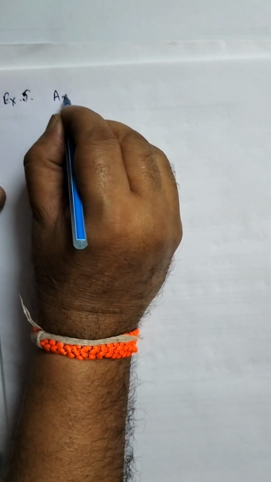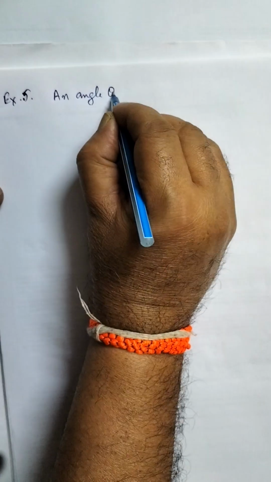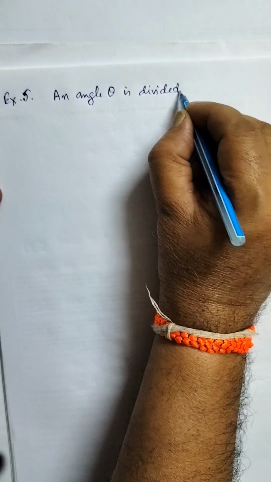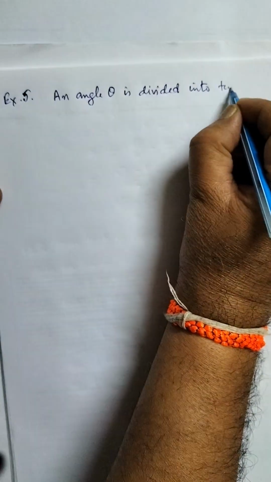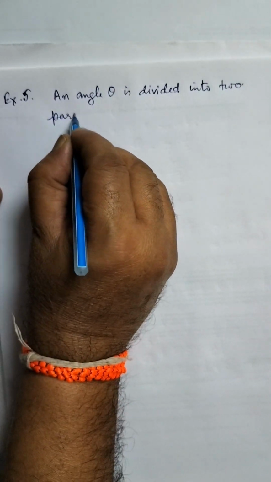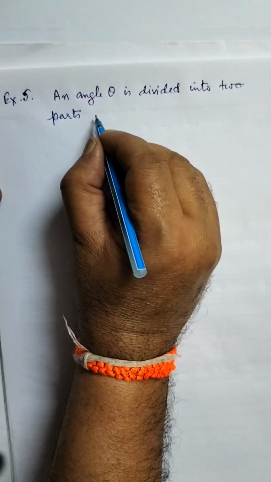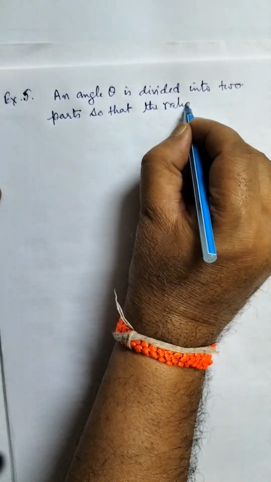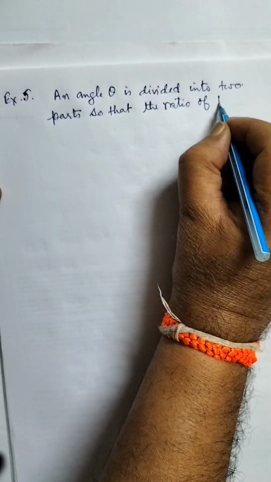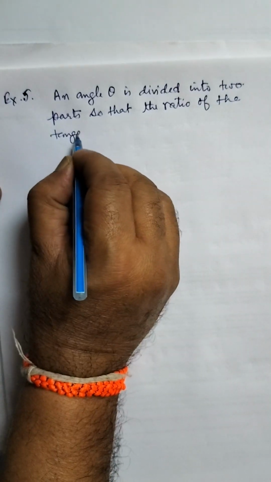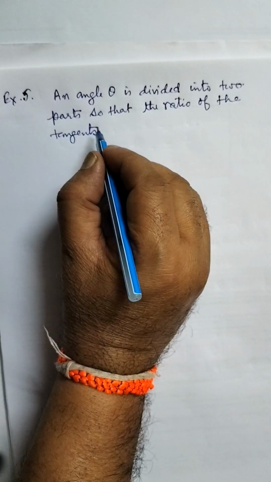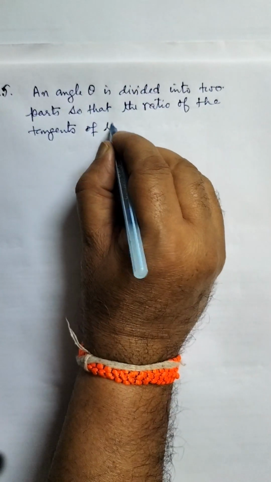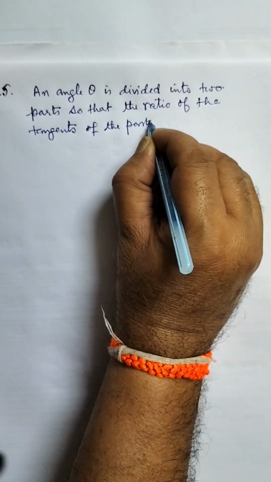An angle theta is divided into two parts so that the ratio of the tangents of the parts is k.